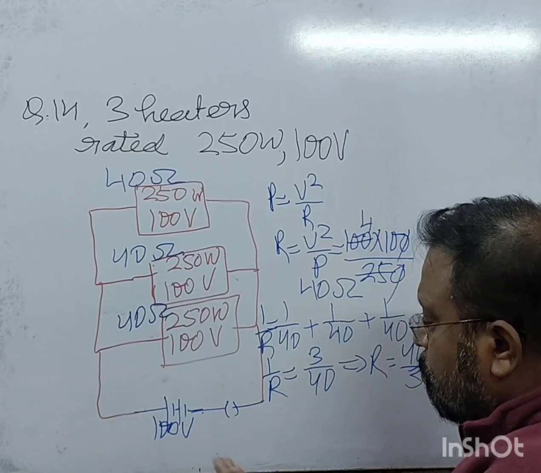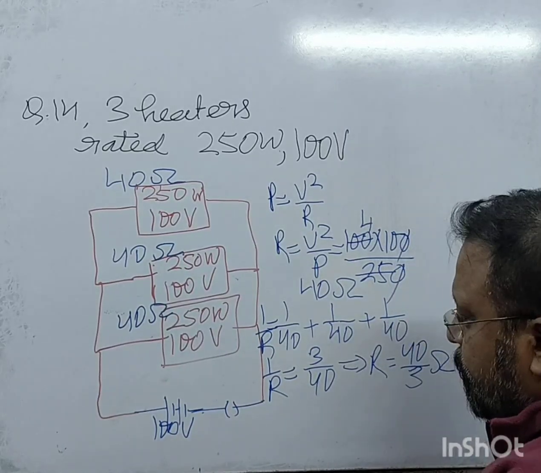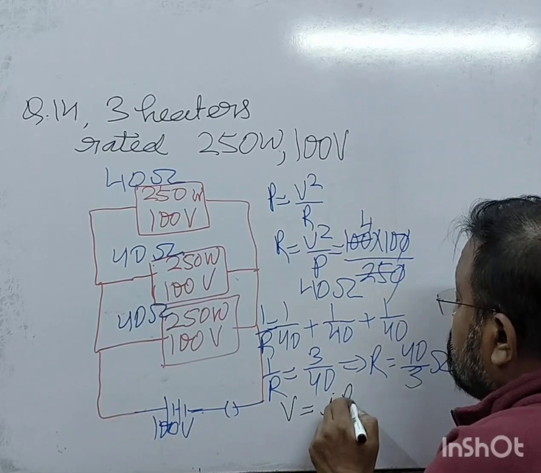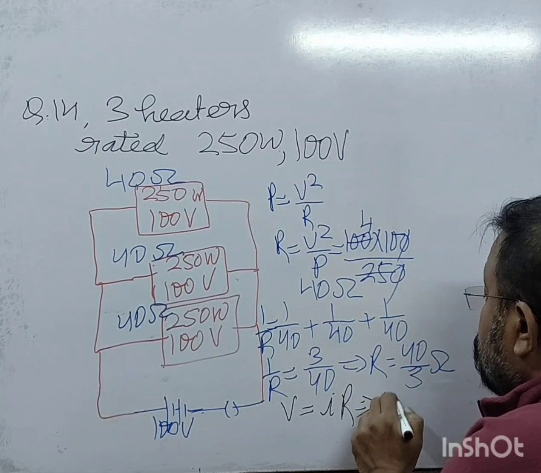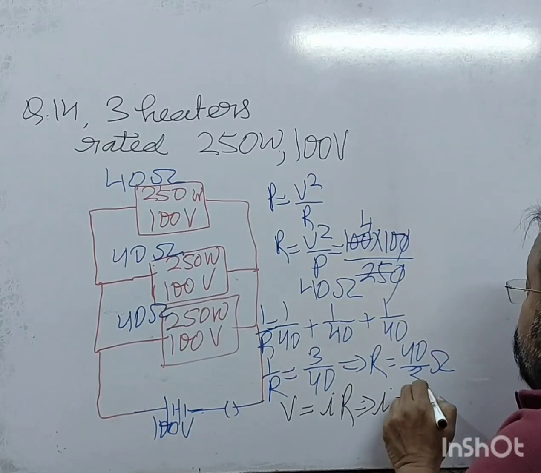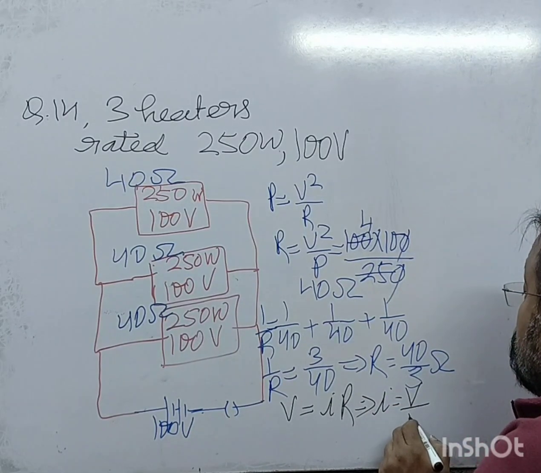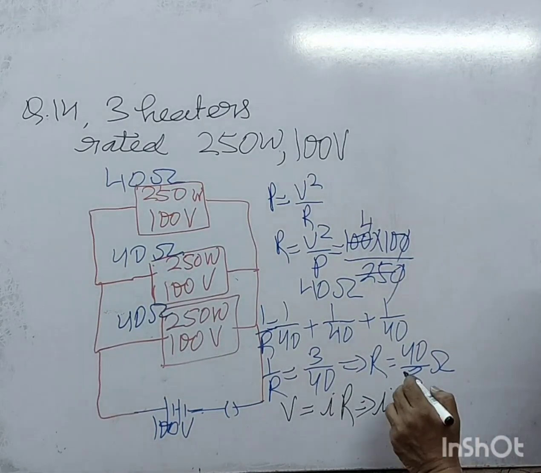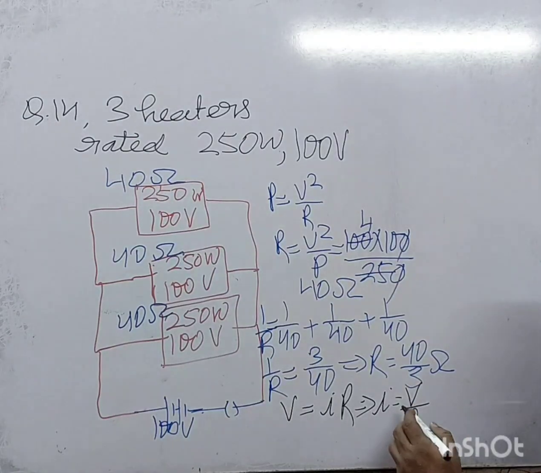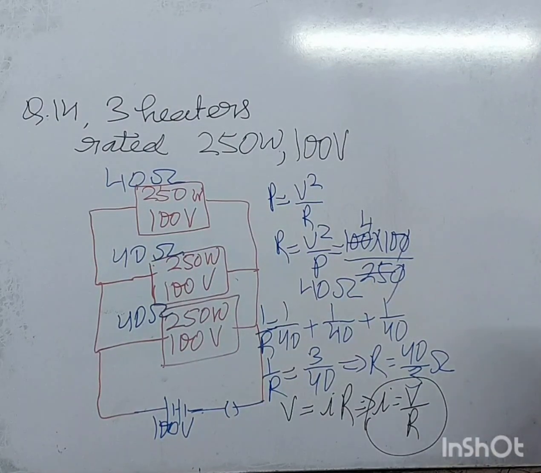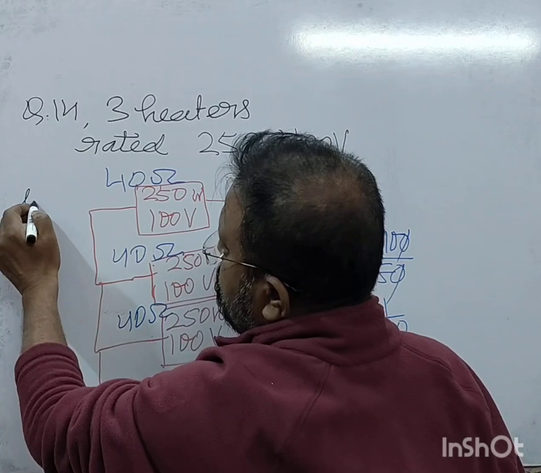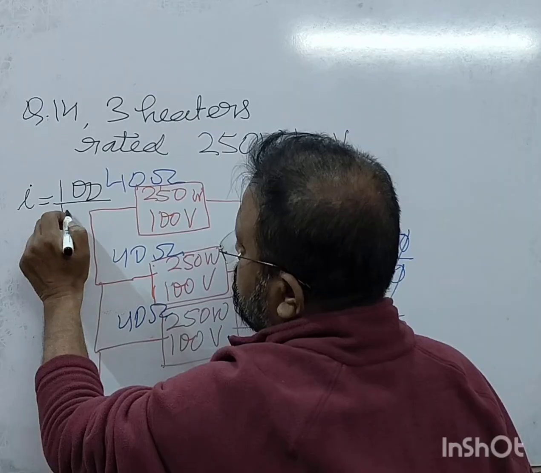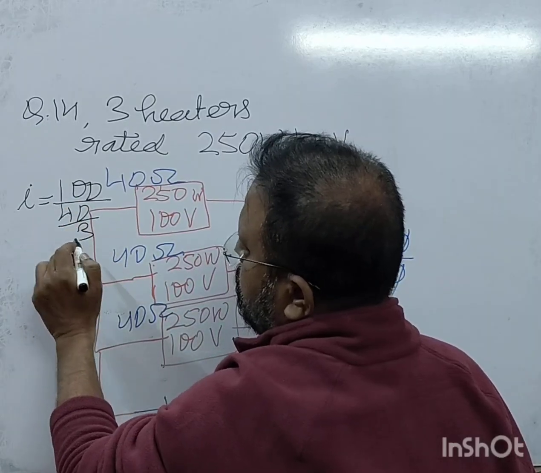So now you need current. Right? V is equal to IR, so I is equal to V upon R. I is equal to V, which is 100, upon R, which is 40 by 3.